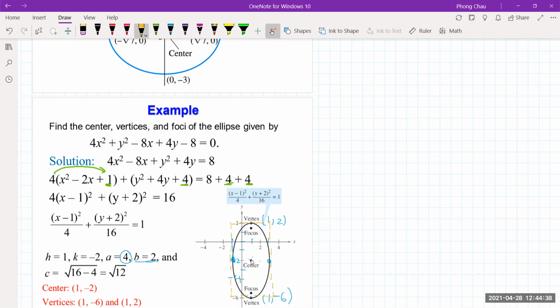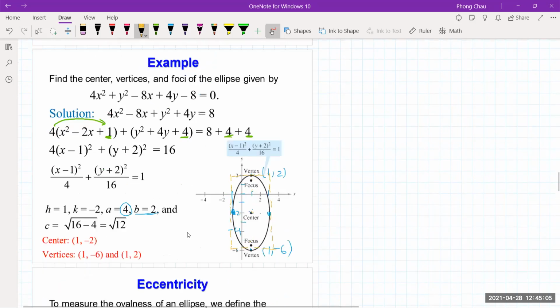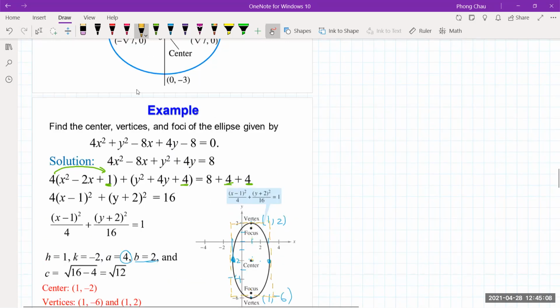So that means from this center, if we go root 12 units away in each direction, that will locate the foci. Since this is a -2, we're going to move up root 12. So you add root 12, you get this point. Subtract root 12, you get this point. So in short, the foci will be right here.